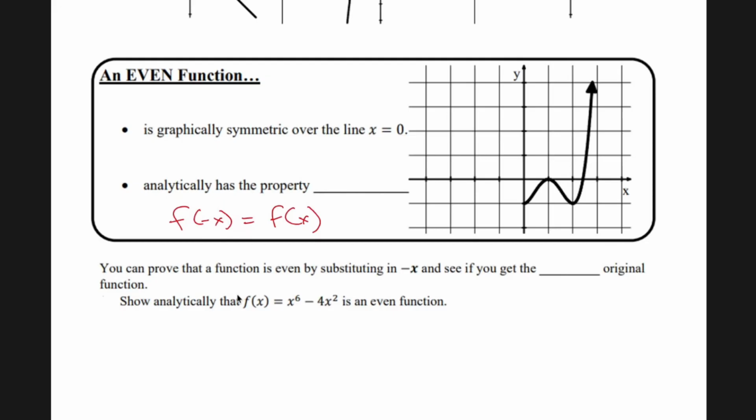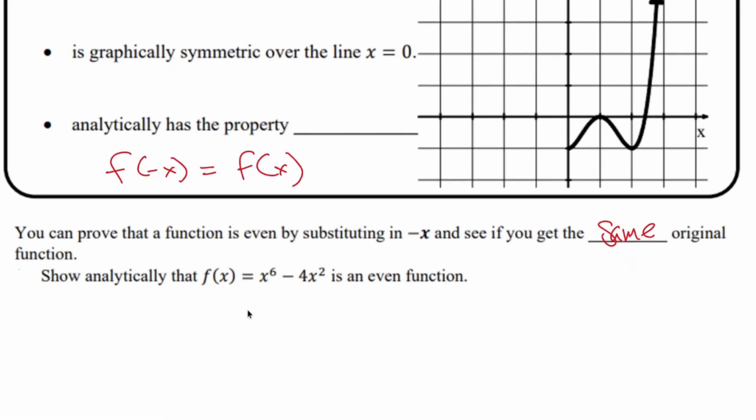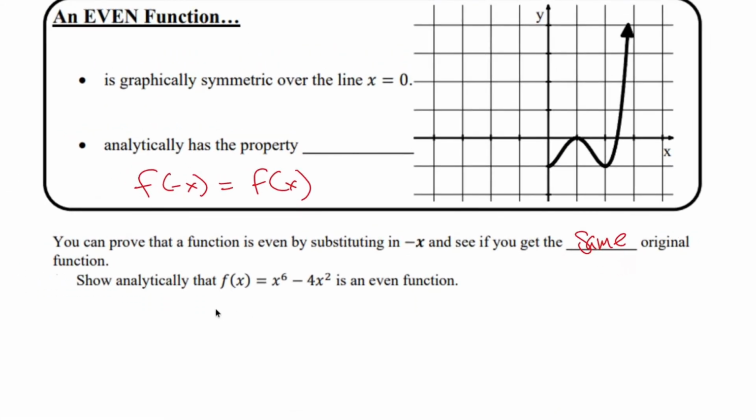That means if I give you a function and I plug in negative x for every x, I get the same exact function that I started out with. You can prove that a function is even by substituting negative x and seeing if you get the same original function.